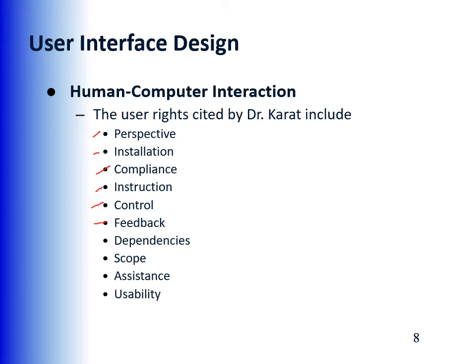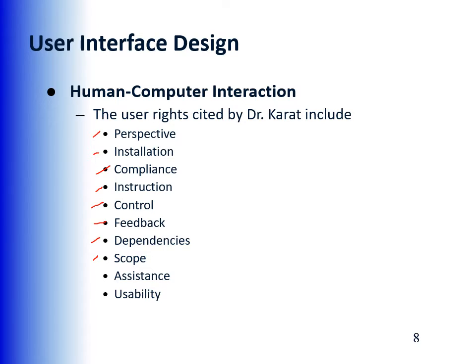Okay, dependency, the user has the right to be informed clearly about all the system's requirements for successfully using software or hardware. Okay, the scope, the user has the right to know how the limits of the system's capabilities.